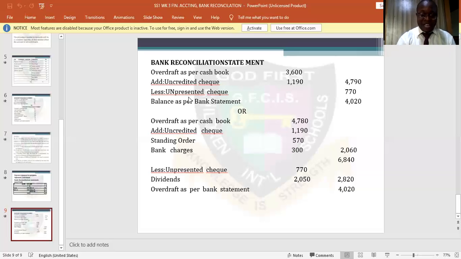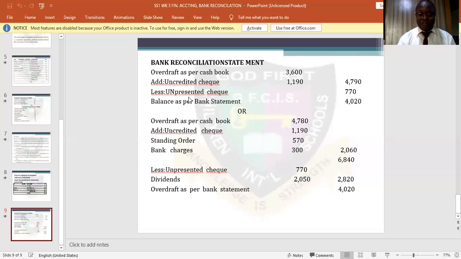So we start with the overdraft as per bank statement, that is the amount you are given, 4,780 naira. Add uncredited check, 1,190 naira. Then we have other items to add: standing order 570 naira and bank charges 300 naira.